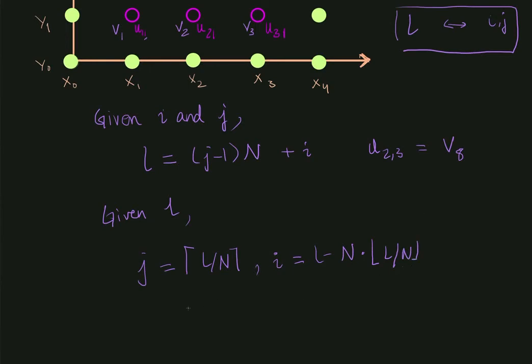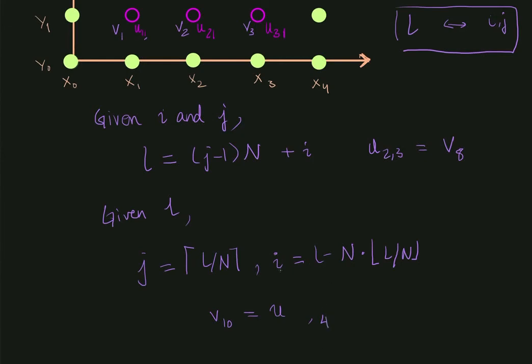So let's try to look. For example, if I have v10, what does that correspond to in terms of u? Let me start with the j part. That is 10 divided by n, which is 3. So 10 divided by 3 is 3 point something, and I round that up. I have to find the ceiling value, which is 4. So j is 4.